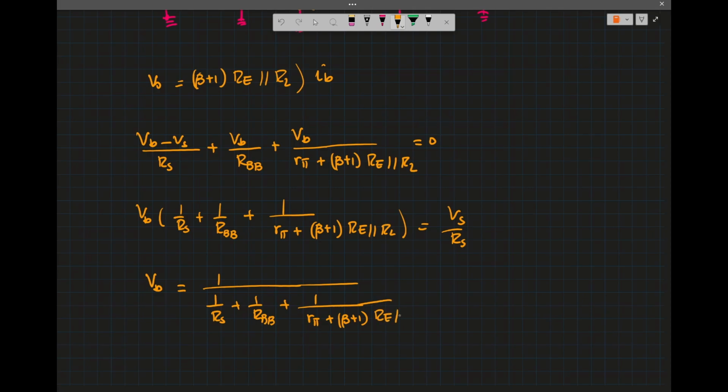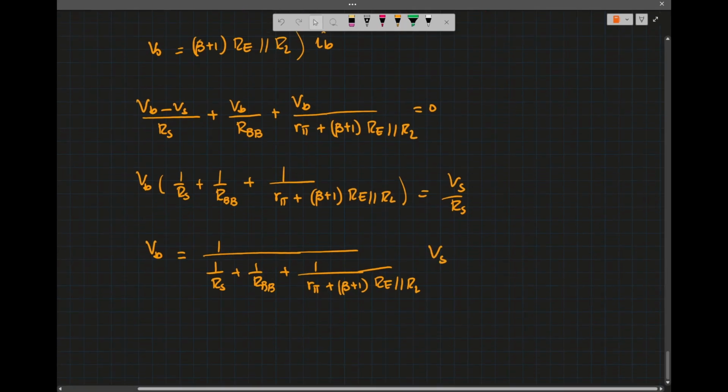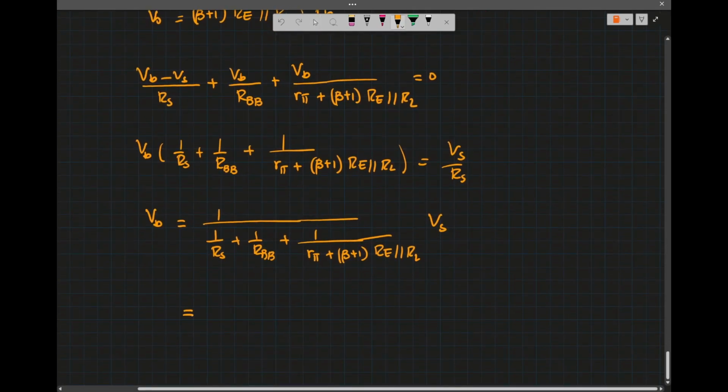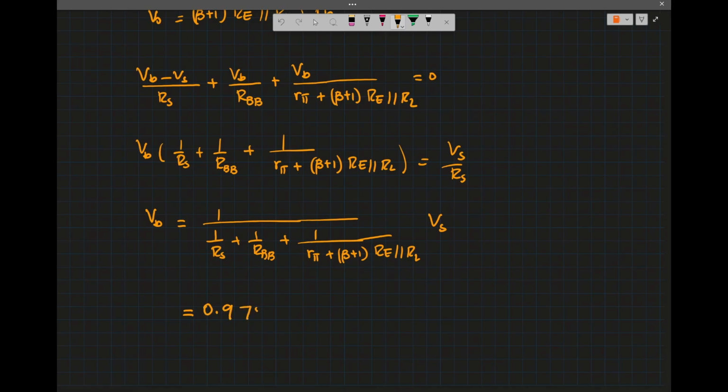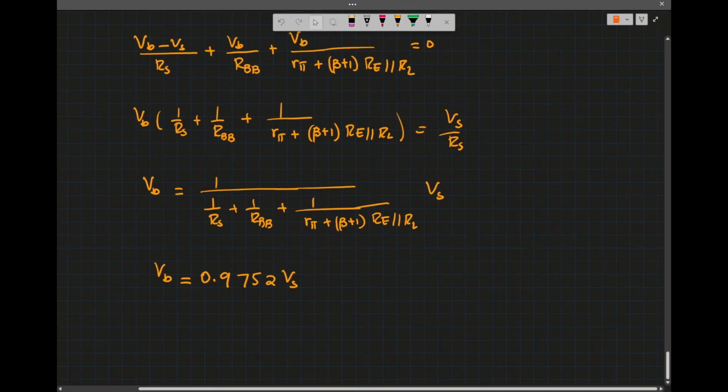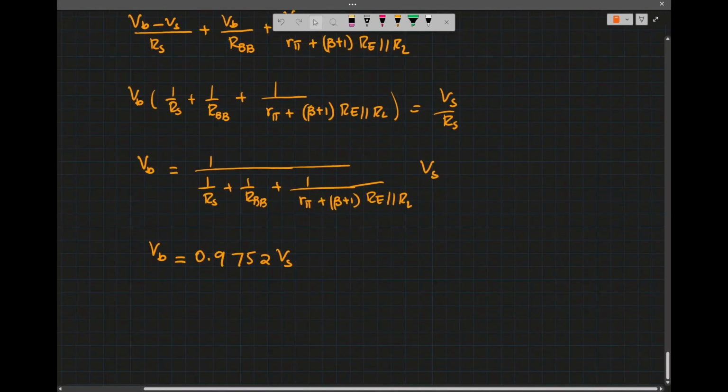So RE parallel R load times VS. So when I put that in the calculator, I get 0.9752 VS. That's VB.